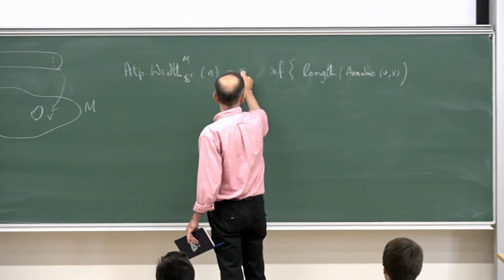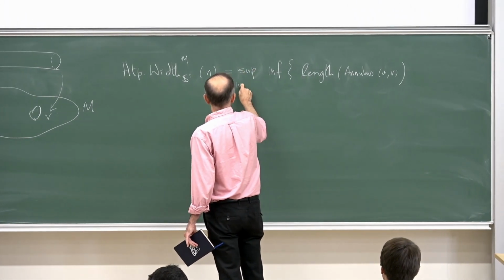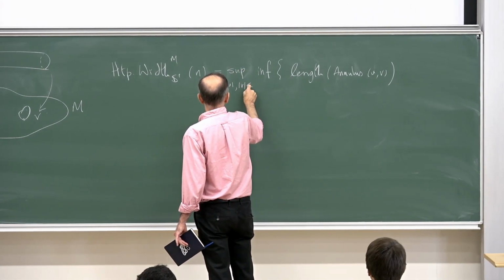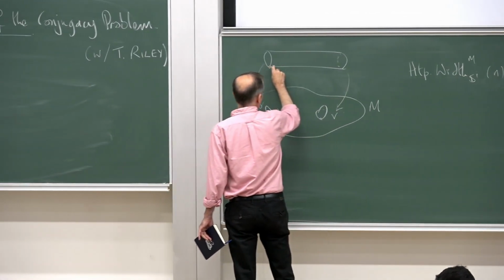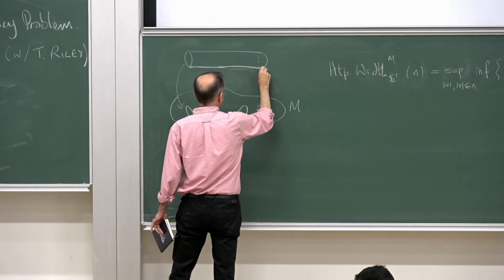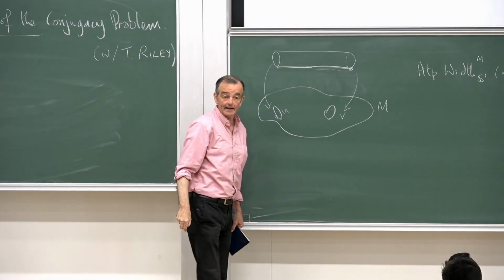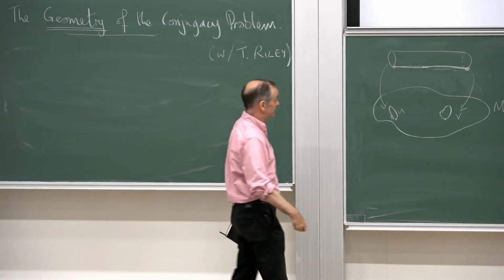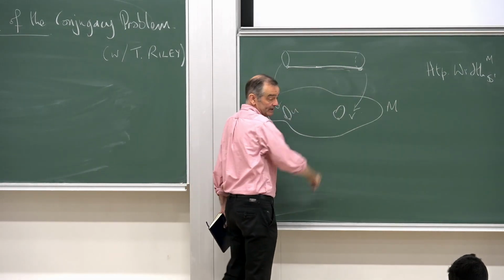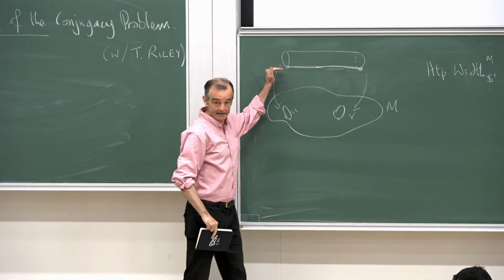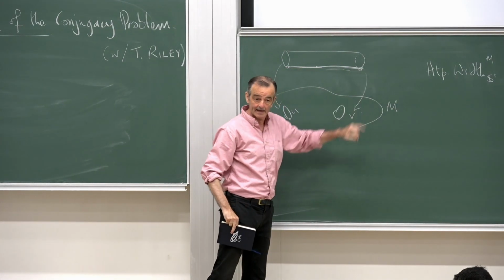Then I'll take the supremum over all loops where the lengths of the loops are at most n. I'd just be looking at how long the annulus has to be to connect that loop to that loop. Length, in any reasonable sense, you could pull back the Riemannian metric if this is a smooth embedding and just measure how far it is from this end to that end in the annulus.